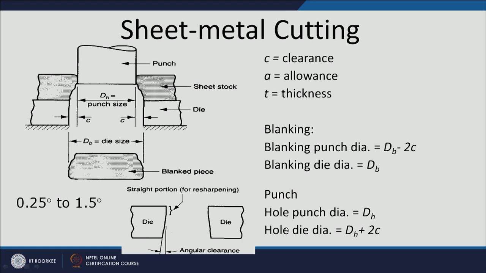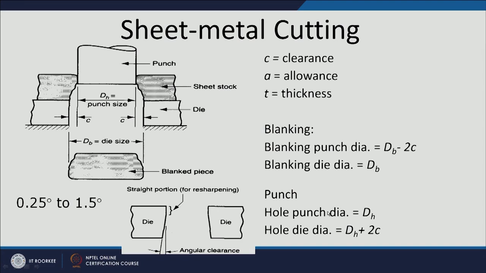So here the clearance is given over and above to the die. In case of blanking, the punch is made smaller by the 2c value as compared to the blanking die diameter, and in case of punching, the die is made larger by the 2c value with respect to the punch diameter.